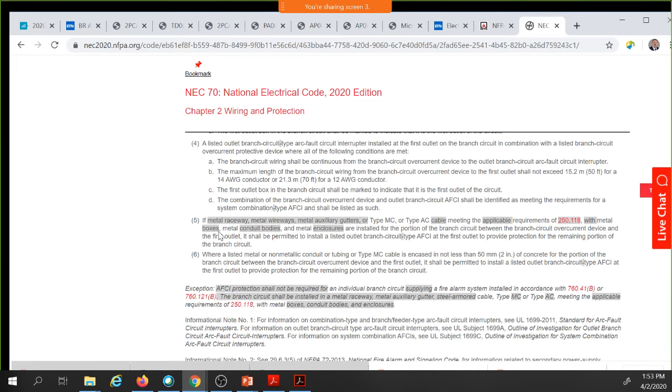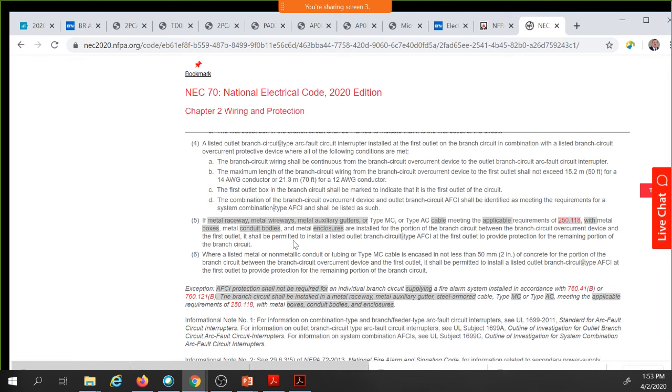But in any case, you could also include it in metal raceway, auxiliary gutters. If you protect that home run circuit from things like nails, then you're going to provide protection to be able to just have that instead of having the AFCI for that first outlet.